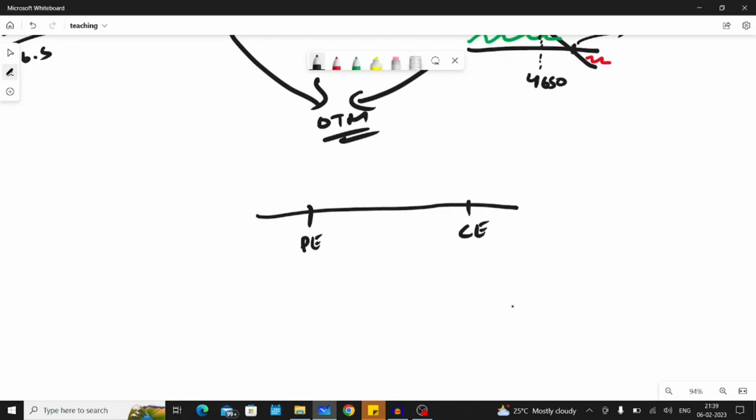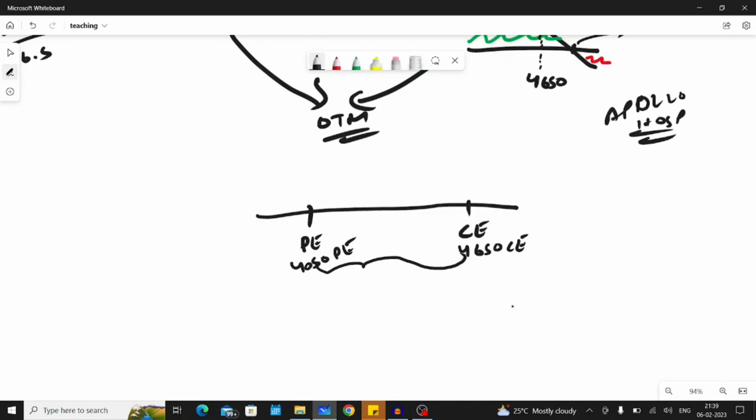So as long as the price is traded between these two regions, that is the 4050 rupees put option and the 4650 rupees call option, this is for Apollo Hospital, we are going to make a profit, and we are going to make a loss in these regions.